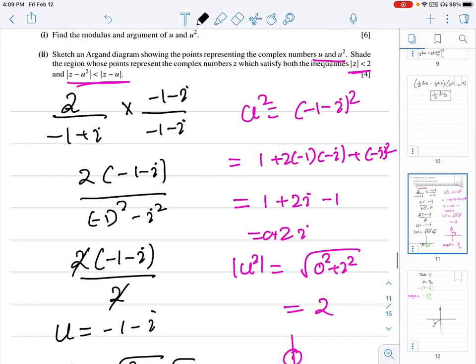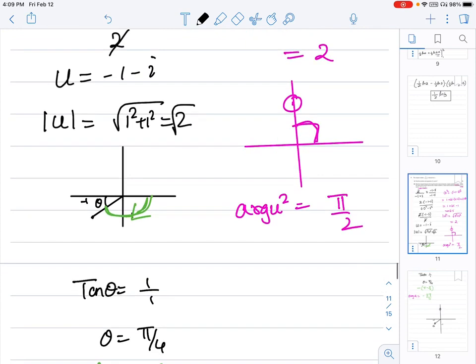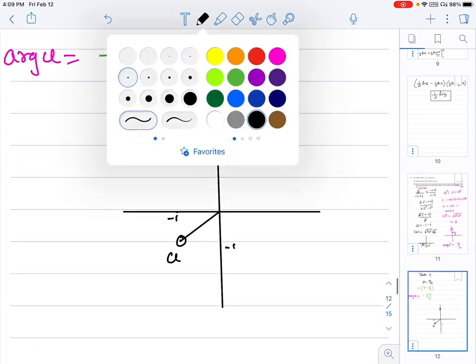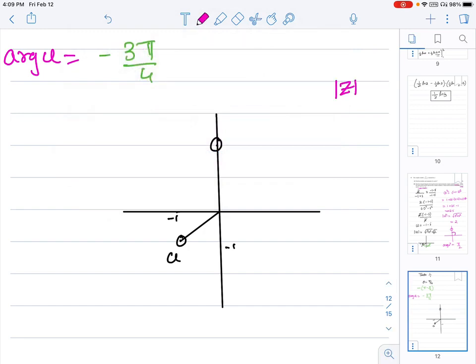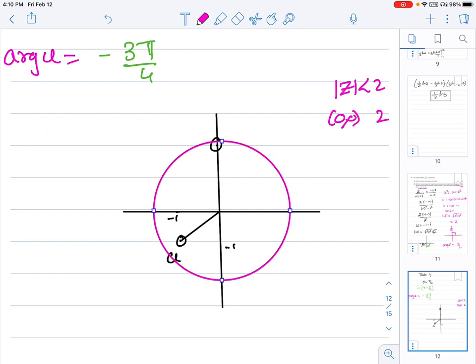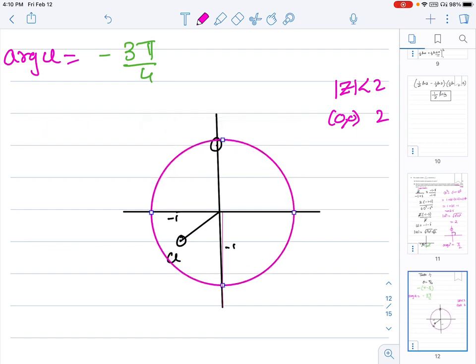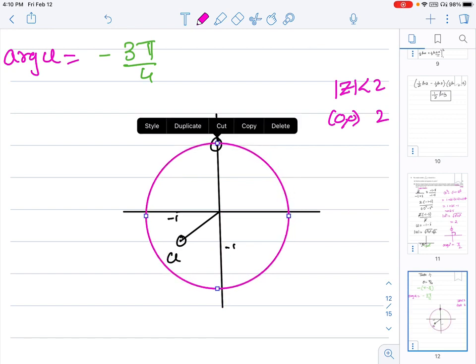Now one more is modulus of z is less than 2. So it is a circle with center 0, 0 and radius 2. I am going to draw a circle with center 0, 0 and radius 2. So this looks almost all okay.